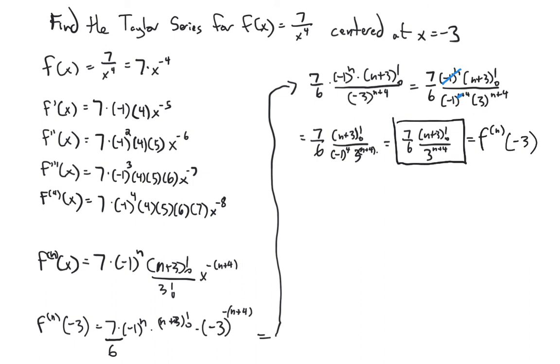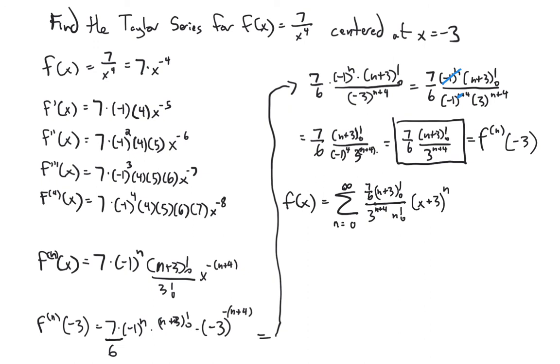So let's plug this into our Taylor series. I'll use the index n here since I used n over on the left-hand side. So n goes from 0 to infinity of 7/6 times n plus 3 factorial over 3 to the n plus 4 divided by n factorial times x minus negative 3, so x plus 3, to the n.